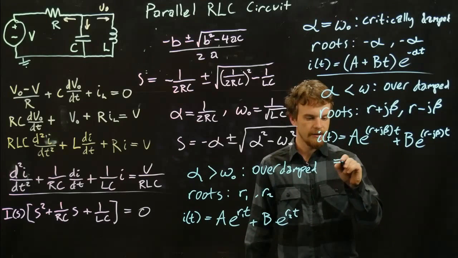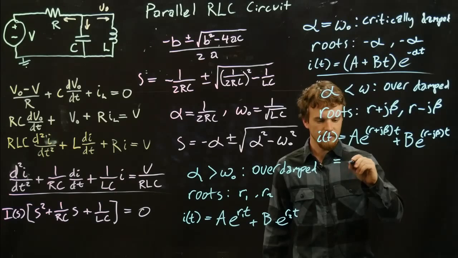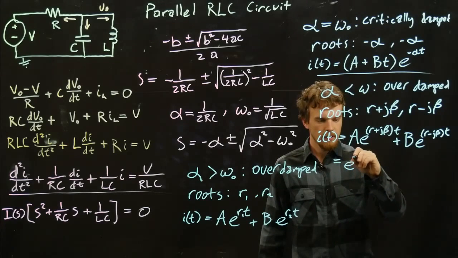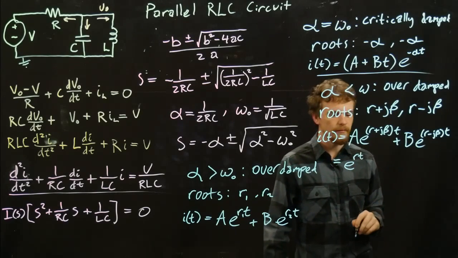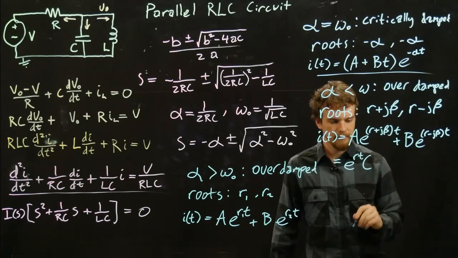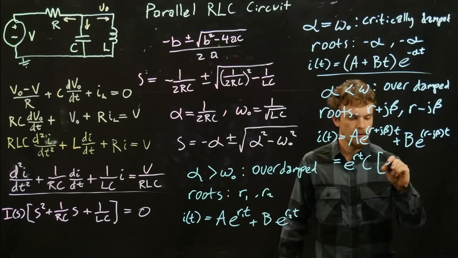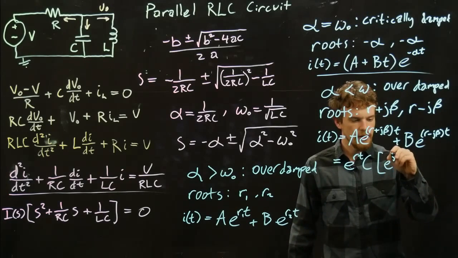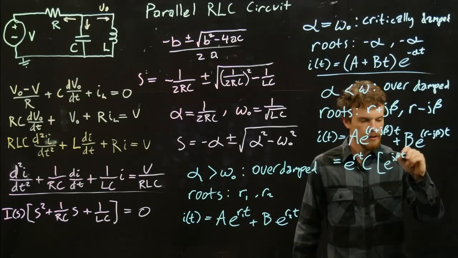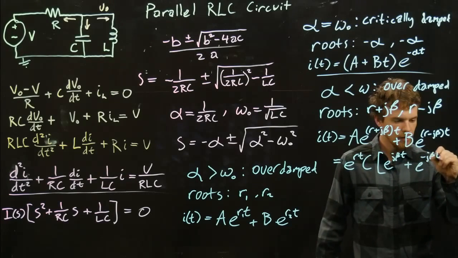We could get this into some form that is e to the rt times some other arbitrary constant, all multiplied by e to the j beta t plus e to the negative j beta t.